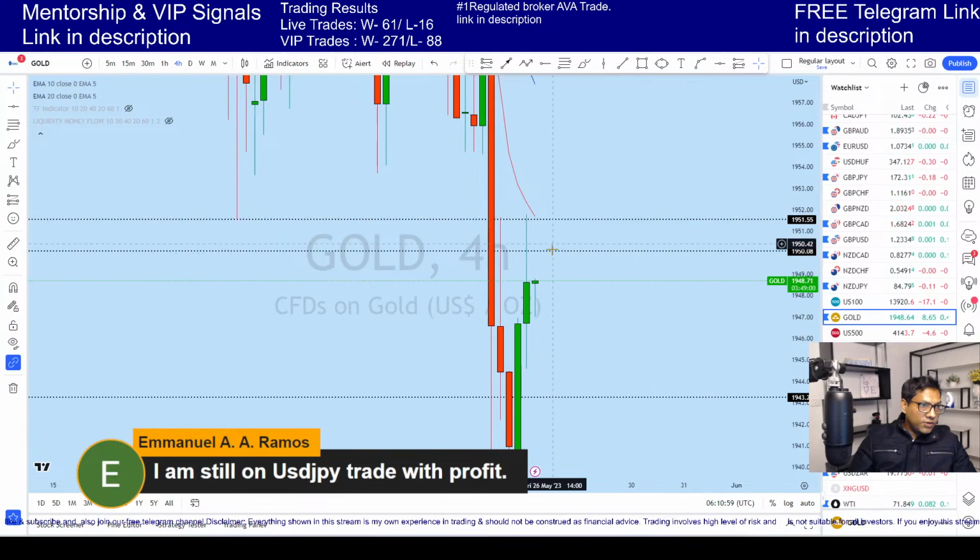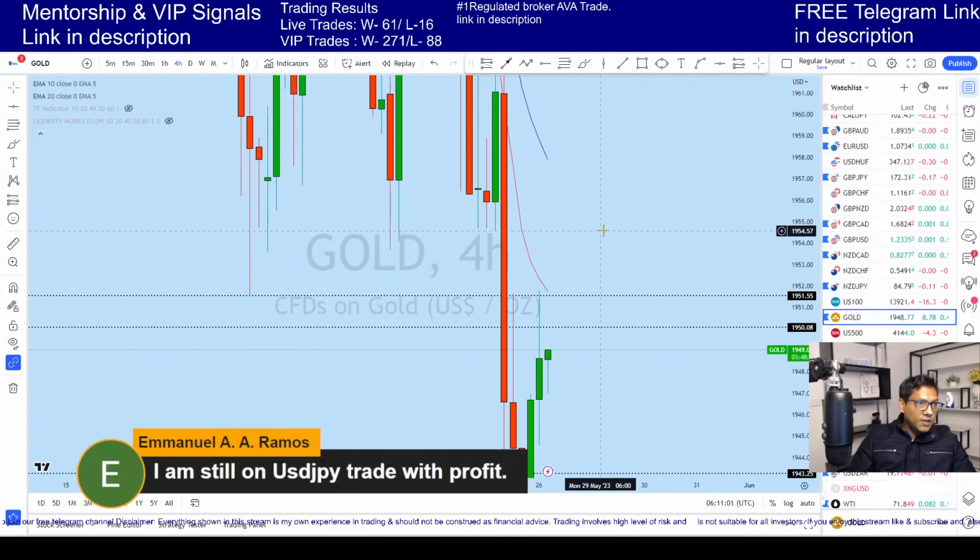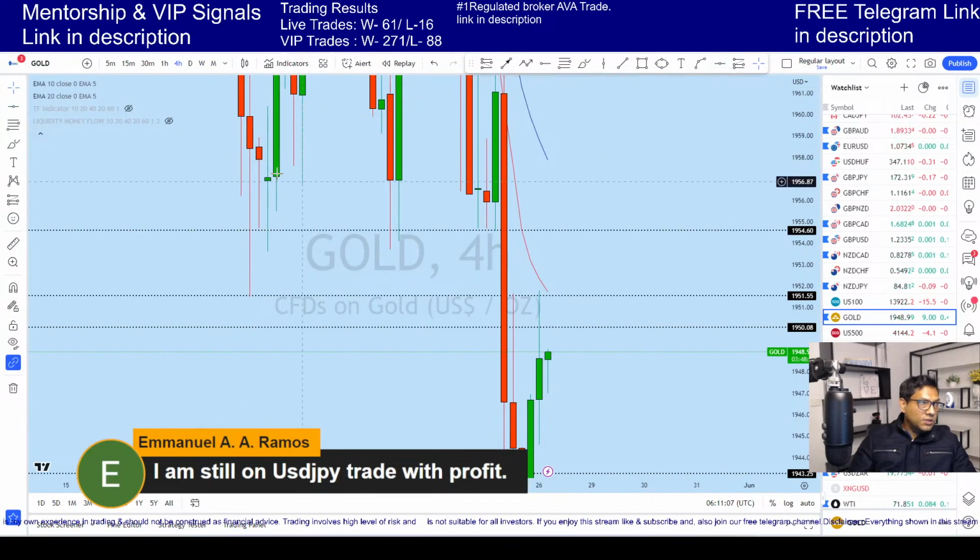If it is breaking to the upside, in that case we might see the price again going to the level where you're expecting previous support and resistance.